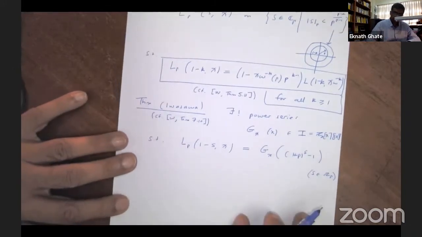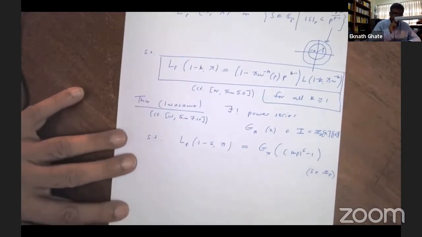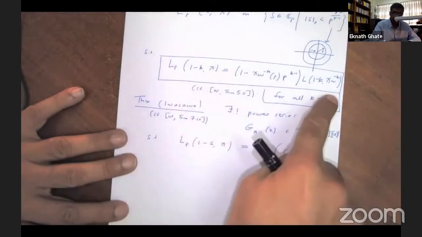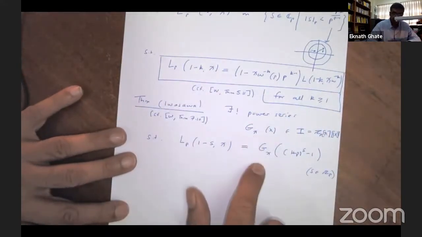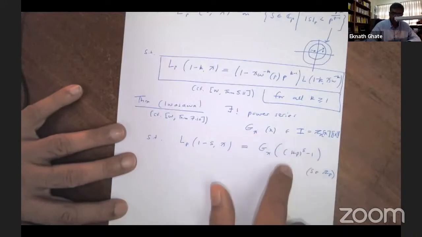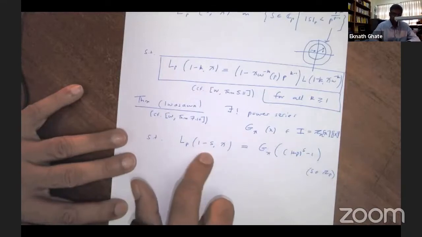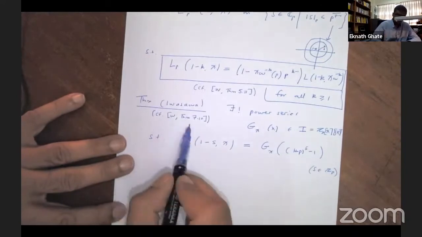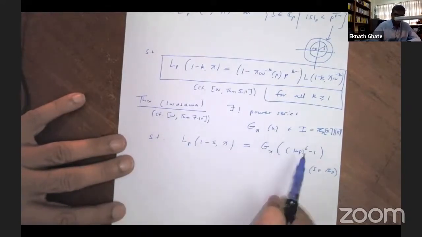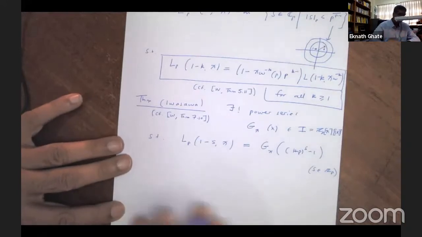So this is a bootstrapping up of the Kubota-Leopoldt p-adic function, because this is just an interpolation of some Bernoulli numbers. But now we're saying that they in fact all come from one particular power series. There's one particular power series in X that, when you do some specializations like this, gives you the p-adic function, but with 1 minus s here. The reference in Washington actually has both s's here, but I've changed it a little bit to put s here and 1 minus s here.